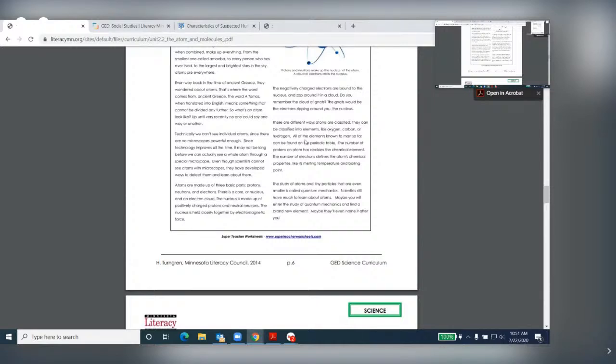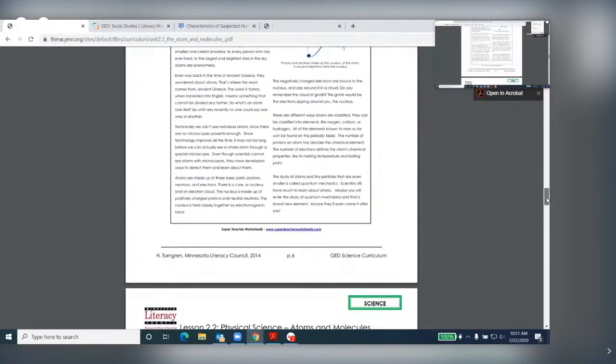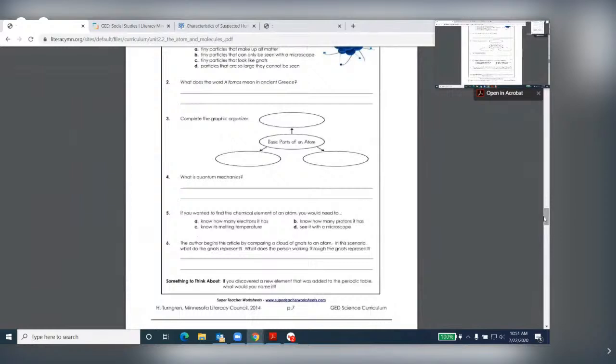All elements known to man so far can be found in the periodic table. The number of protons in an atom decides the chemical element. So you have to look at protons. And let me see if we go down to that. It would be, know how many protons it has. So it would be answer B.